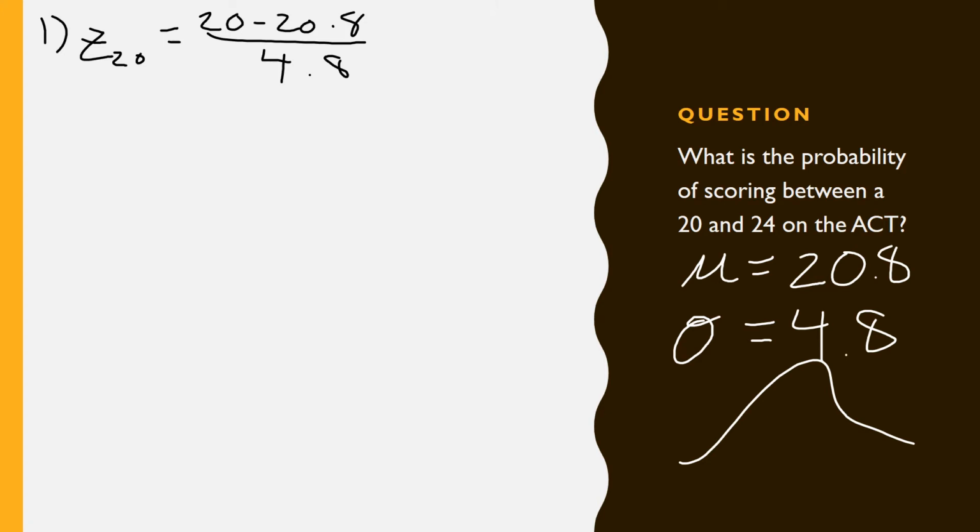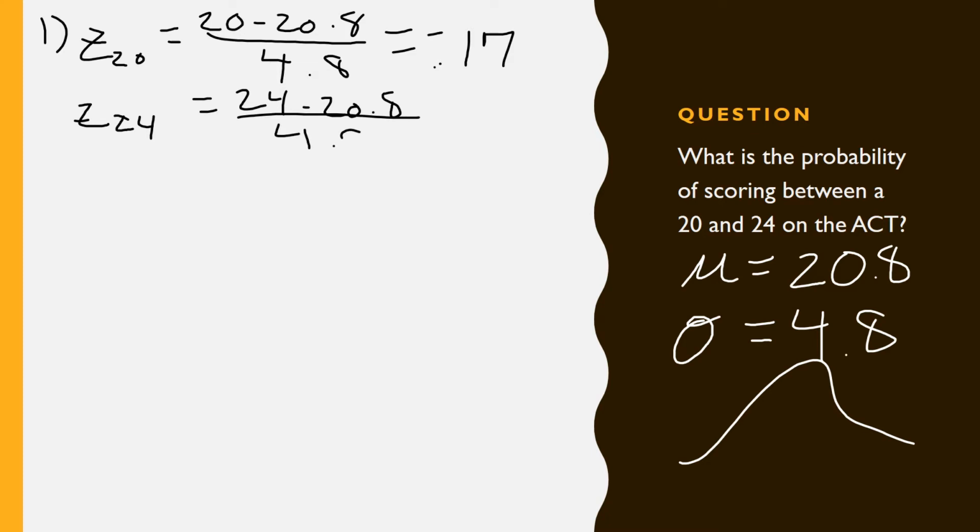And if you work that out in your calculator, you'll get negative 0.17. Okay, and then we do that for 24. We'll get 24 minus 20.8 divided by 4.8. Put that in your calculator, you'll get 0.67.